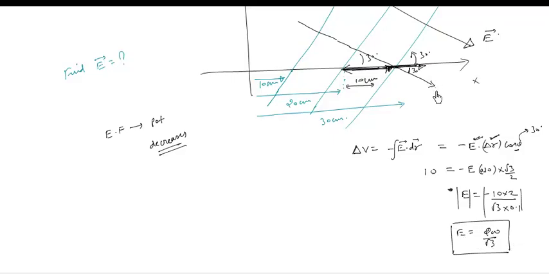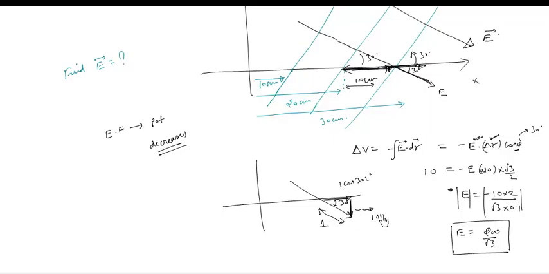Now I have found the magnitude of this electric field, so what I need more is simply the direction of this electric field. So what I do here is I'll simply take this electric field, this angle is 30 degree. I'll take electric field to be of magnitude 1, and I take components of this 1. In this direction it is 1 cos 30 degree i cap, and this is in downward direction, 1 sin 30 degree minus j cap. I'll put this as the unit vector.